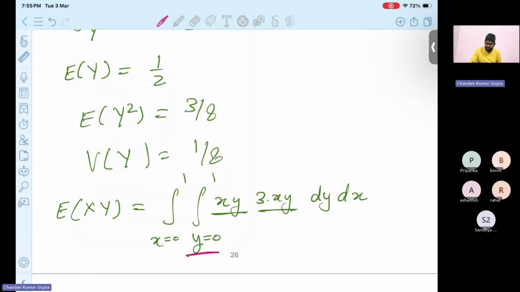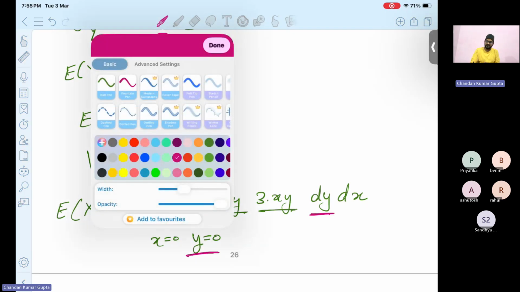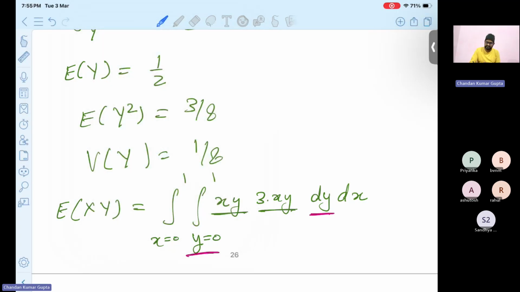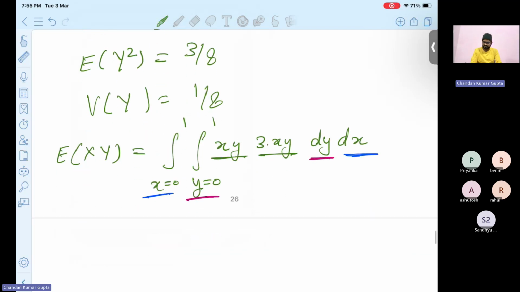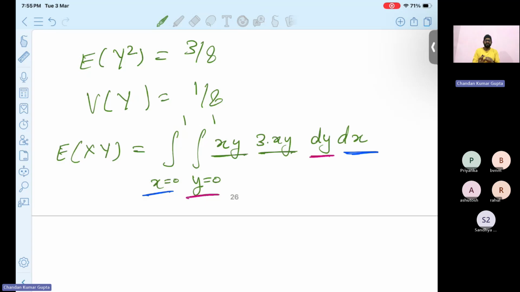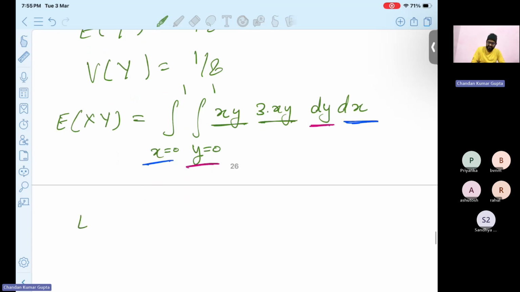Always remember the internal integral limit is y, so dy is there, and the external is x. Simple. Now the next step is to solve this. You have already solved this kind of thing many times, so you may find the expectation of xy comes out to be 1 by 3.